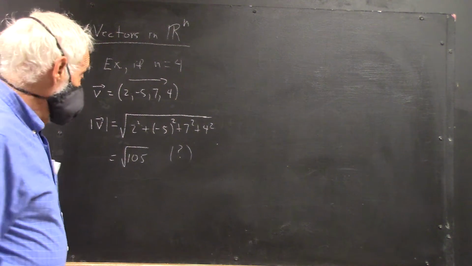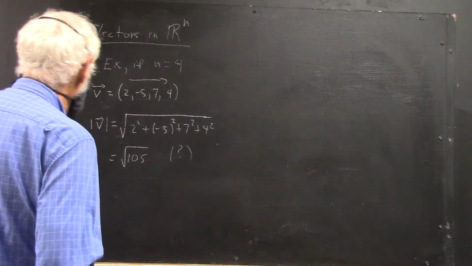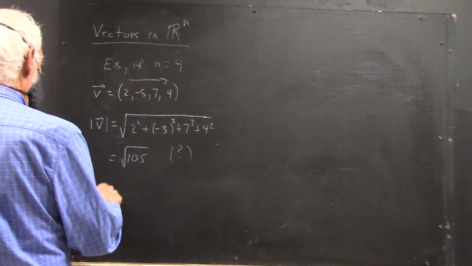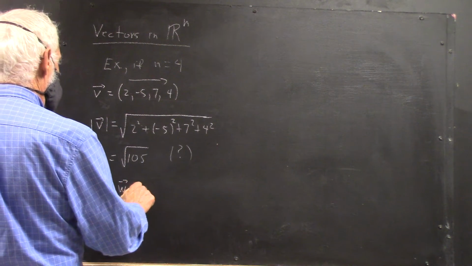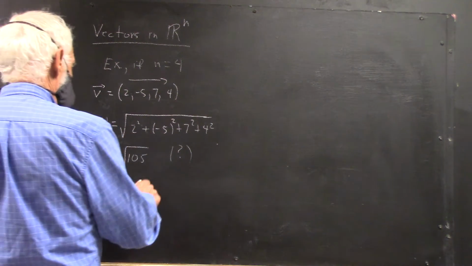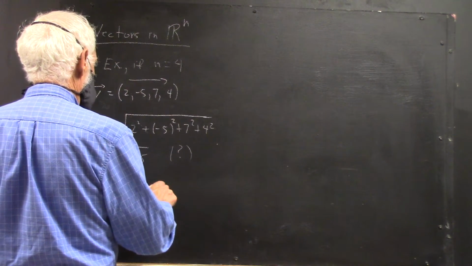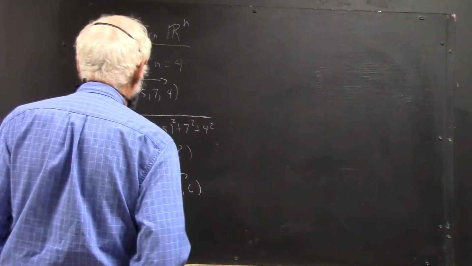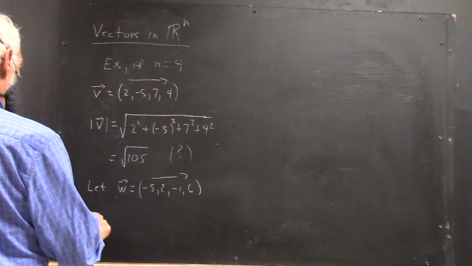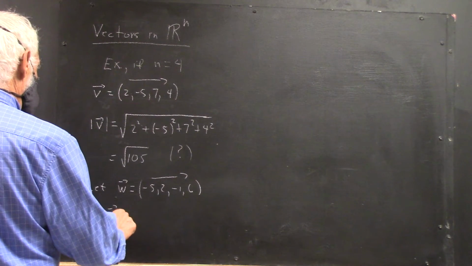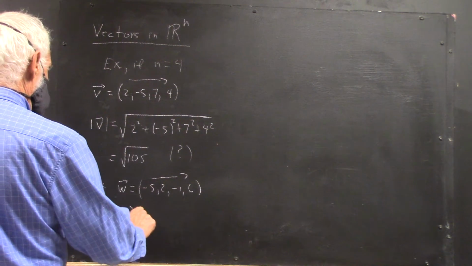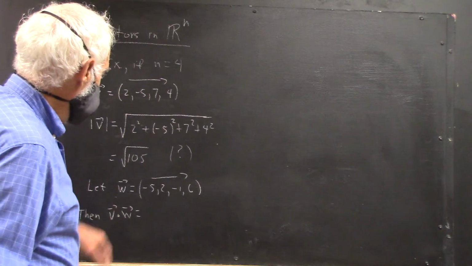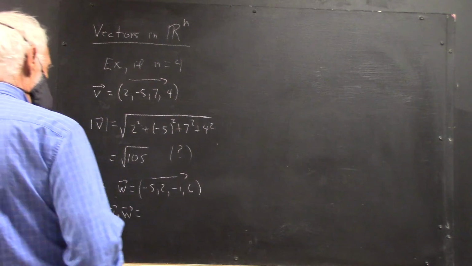And since many of you probably know about dot product, I'm going to demonstrate it. Let W be some other vector. Then, without defining the dot product, that you're going to see it defined in this course, and you probably saw it defined in linear algebra, V dot W is what?